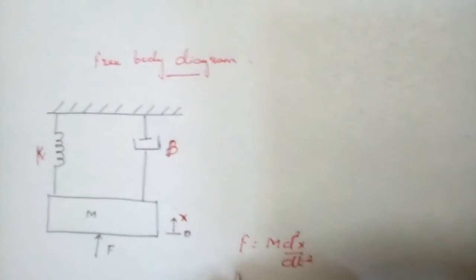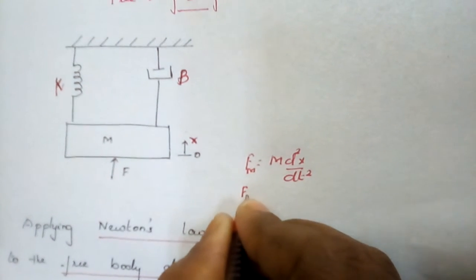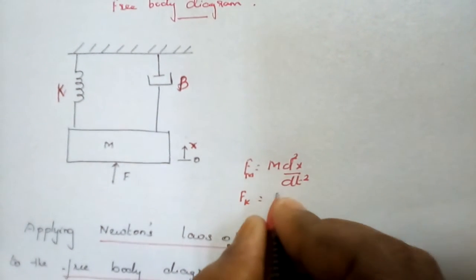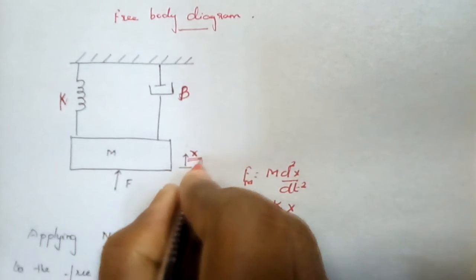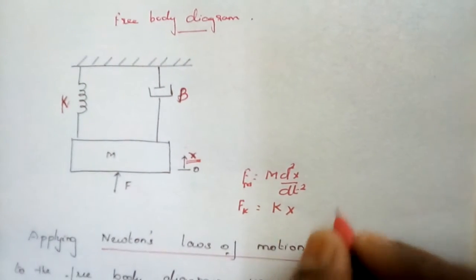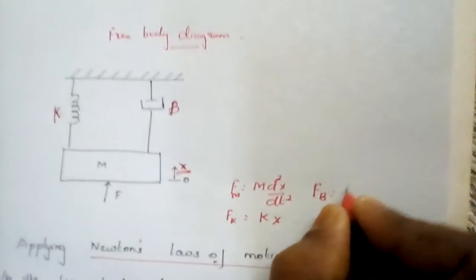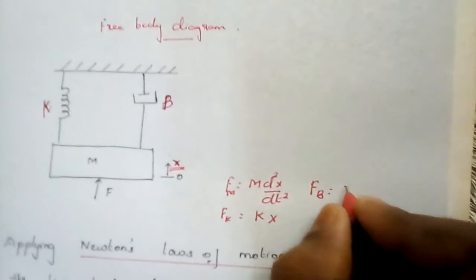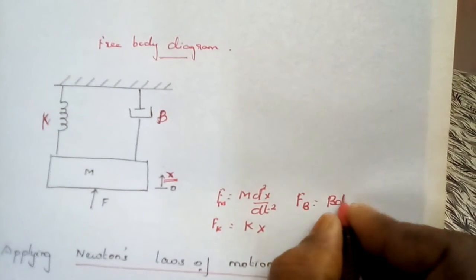So the force exerted by the mass, I am considering this as Fm, and this as Fk, which is equal to K into x. Here x is the displacement, right? And for the damper element, Fb is equal to, sorry, B into dx by dt.